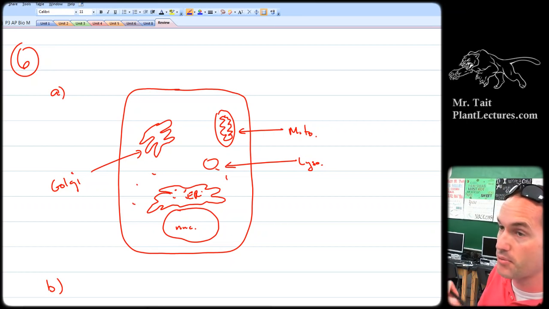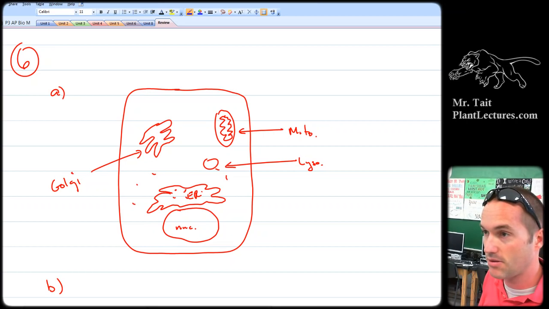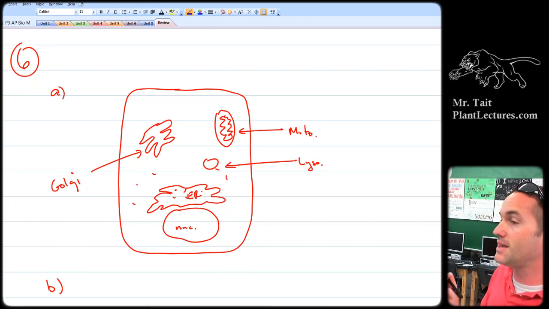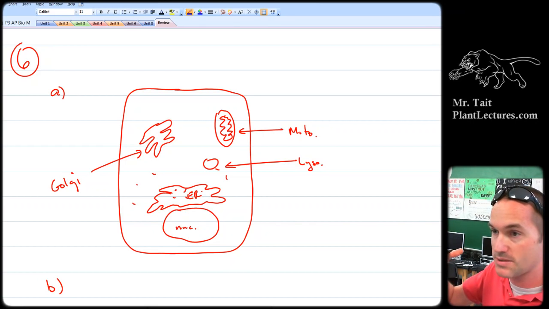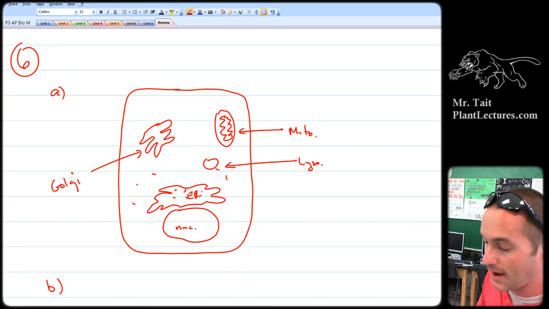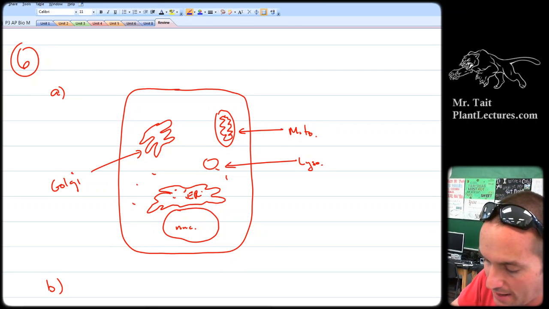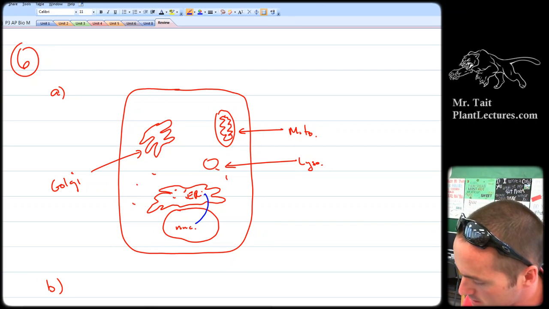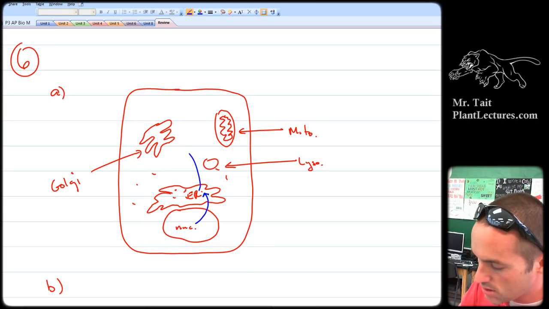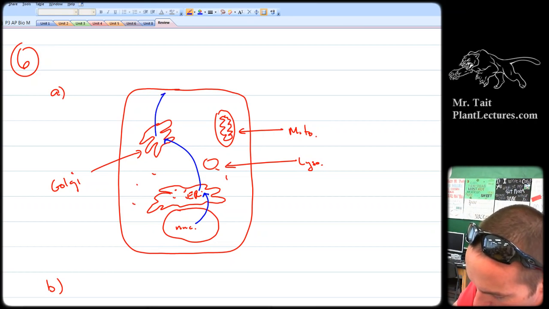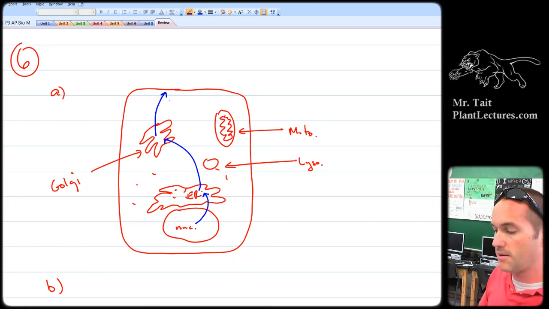If a protein is going to be used in the cytoplasm within the cell, it gets made on a free ribosome and then gets released into the cell, right? This protein, even though it's being used by the cell, is not being used in the cytoplasm. It is being bound into the plasma membrane. And so in this case, it's going to have to go through the normal protein pathway. It's going to have to go from the nucleus to the ER, to the Golgi bodies, to the plasma membrane.